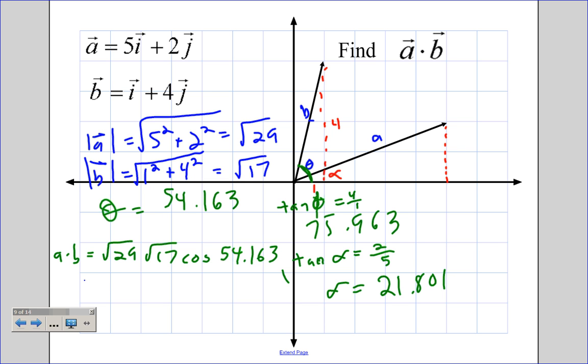So this is essentially 13 for my A dot B.